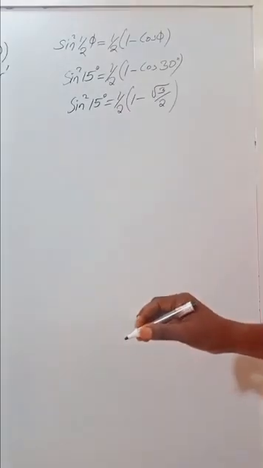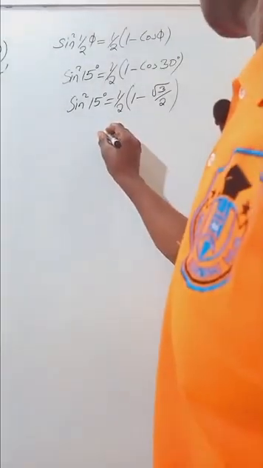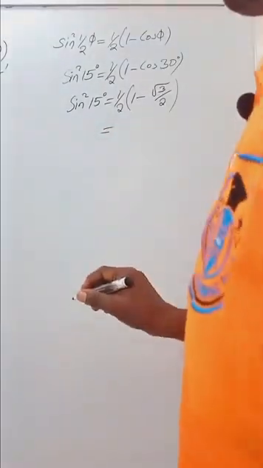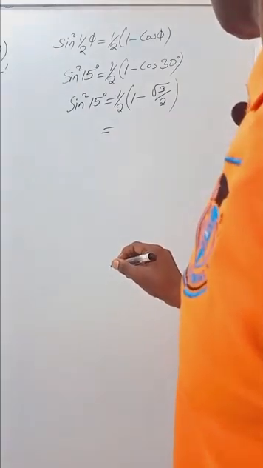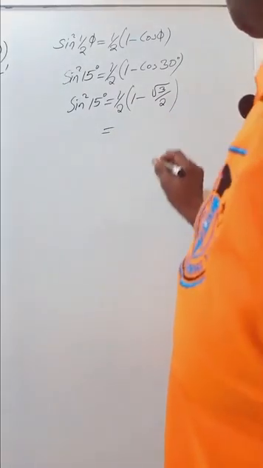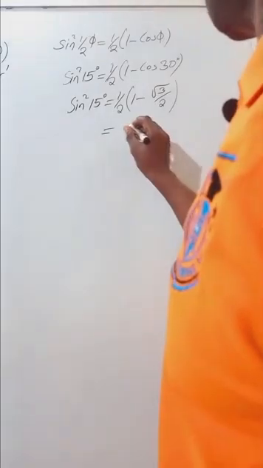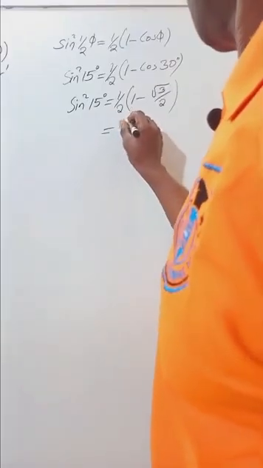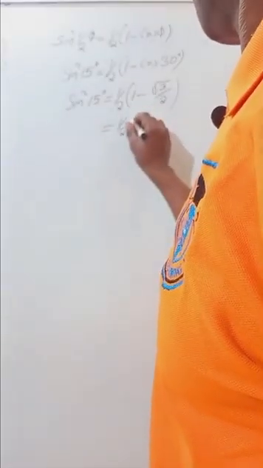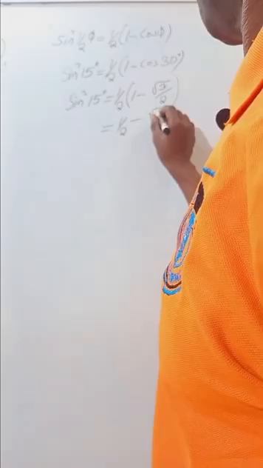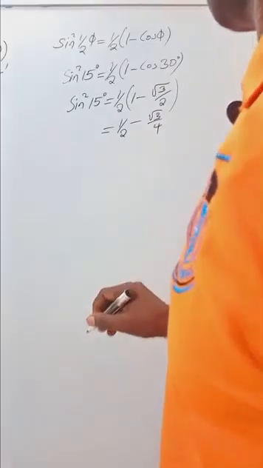Working this out gives us 1 over 2 minus square root of 3 over 4.